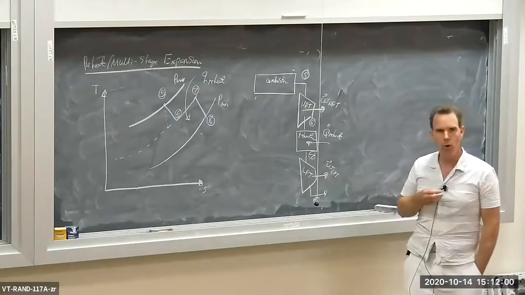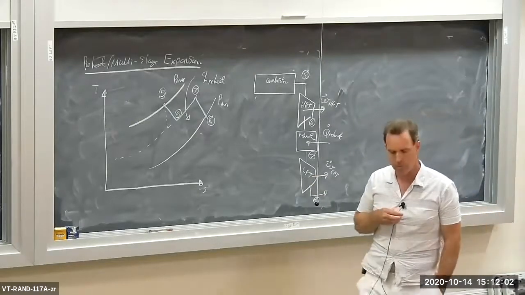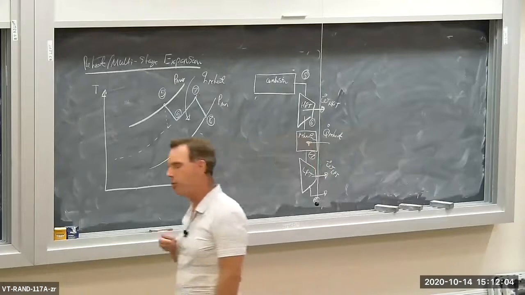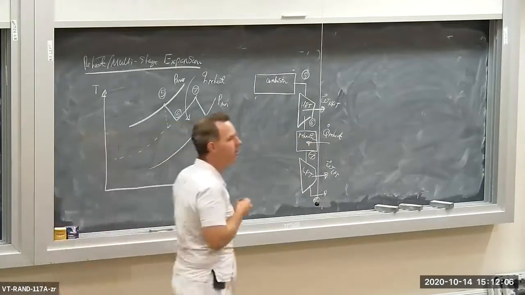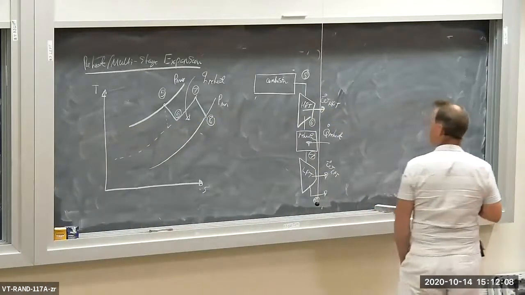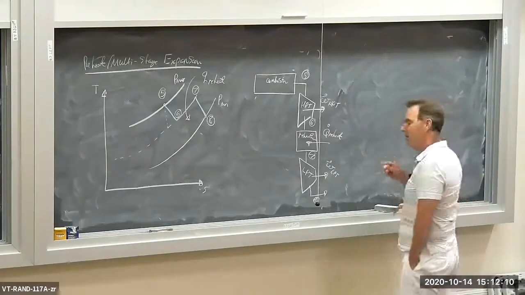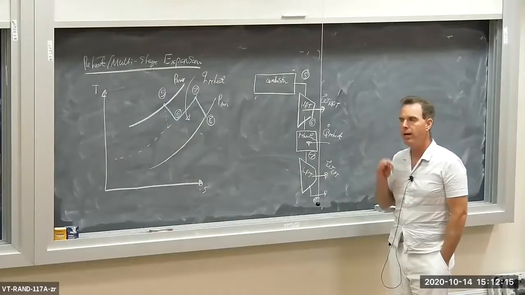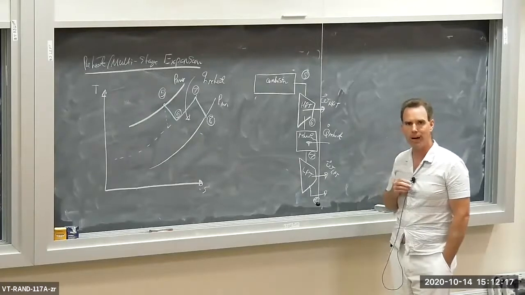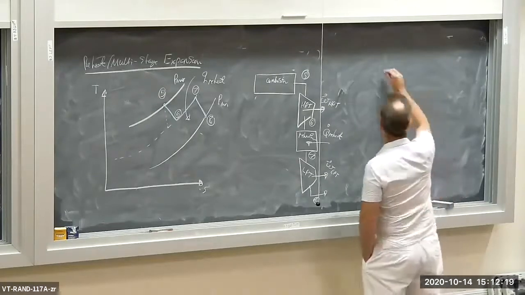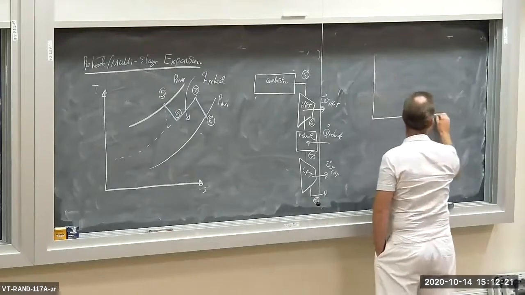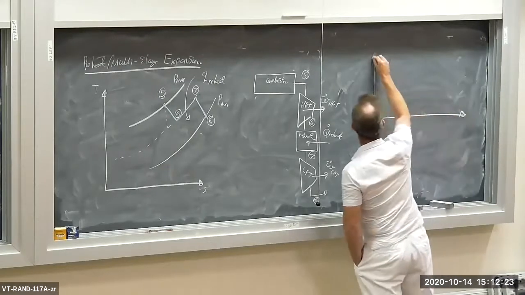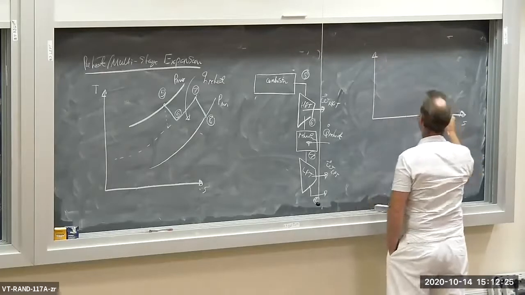This produces more work, more specific work, and results in more power produced by the gas turbine. Let me show you, let's put these two together, and I'm going to show you exactly where the extra power is produced. So these two strategies combined together in a single device result in increase in power.